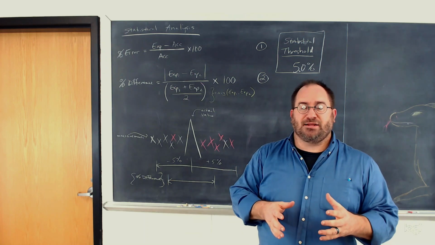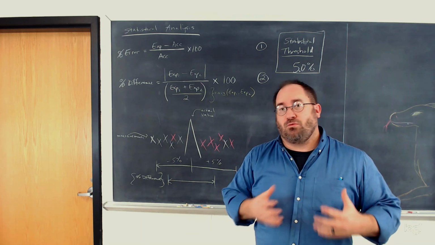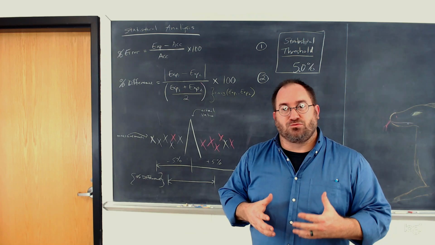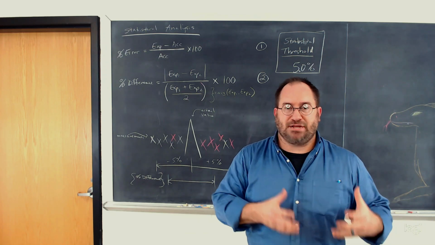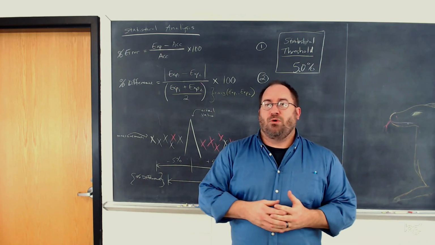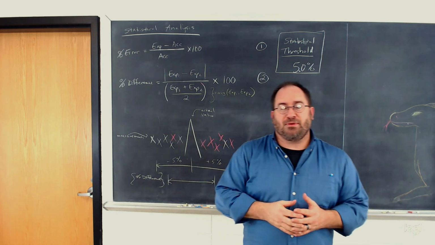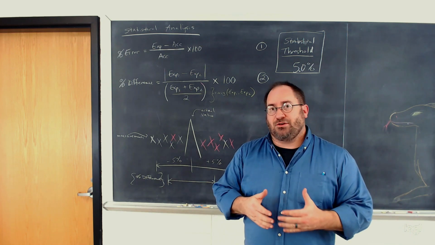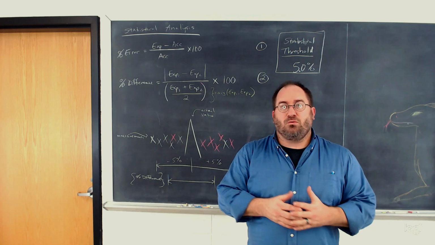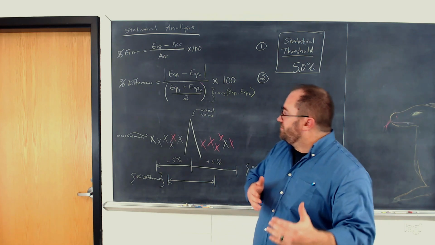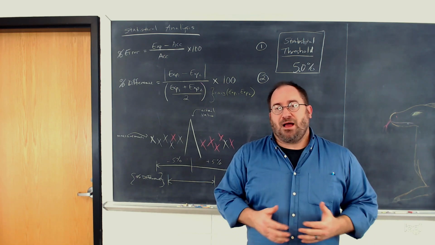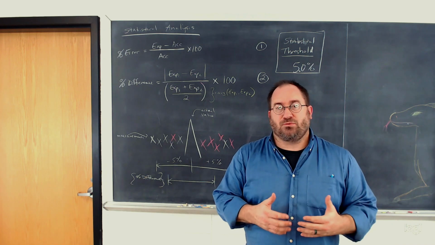When you exceed 5%, usually that means that there were errors, and some of those errors were significant enough to influence your data. So you want to start thinking about what percentage error, when you're making your measurements and doing this lab, what values are you measuring percentage error, which ones are you measuring percent difference, and start thinking about how you're going to comment about how these impact one another.